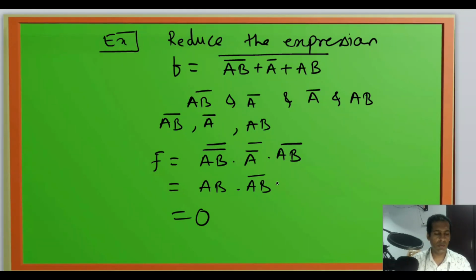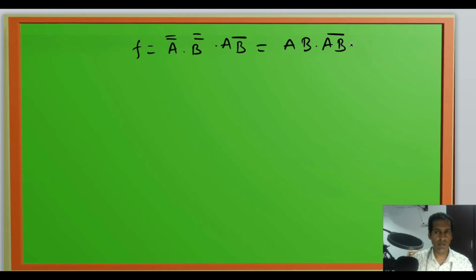Another method to solve this: we have f is equal to a double bar into b double bar into ab bar, so we can write it as ab into ab bar equal to 0. So these are some theorems related to that.